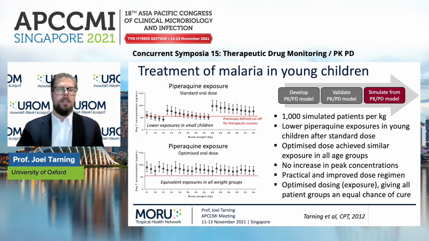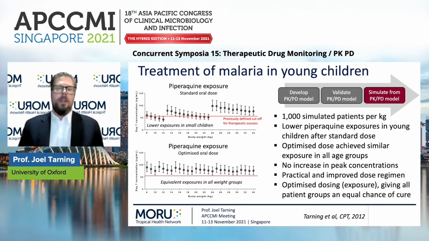On the y-axis here is day 7 concentrations, which is a proxy for total exposure, versus the x-axis, which is body weight. And we can see that a lot of the small children had lower exposure compared to older children and adults. And many of these children were below a previously defined cutoff concentration for therapeutic success.